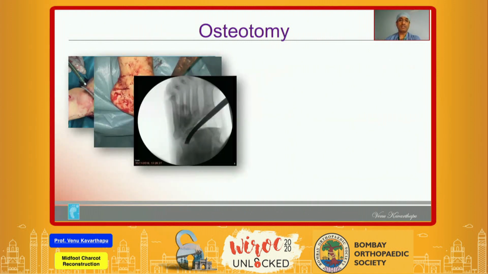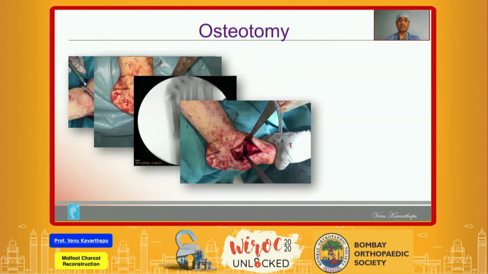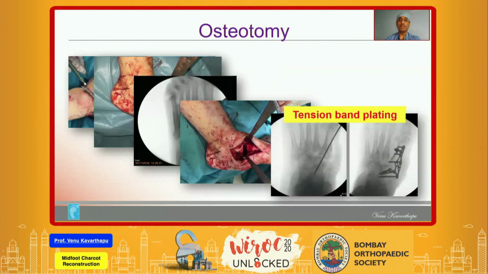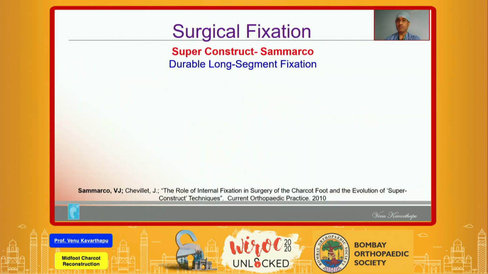Do the wedge resection, and here you make sure that the lateral cortex of the cuboid is left intact, and through nice gentle plastic deformation correction of the deformity by keeping the lateral cortex intact, you can achieve good bone apposition, nice deformity correction, and apply tension band plating on the medial side. So I think it's important to discuss the fixation principles we use in Charcot foot reconstructions.